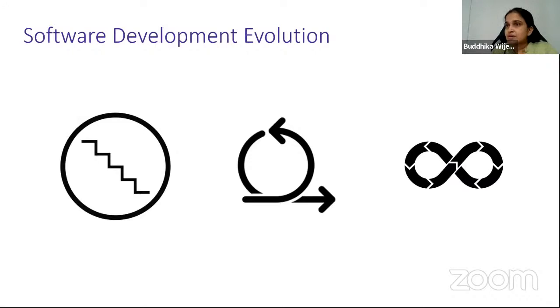Yeah. So starting off with software development evolution. We had the waterfall method some time back. Waterfall was kind of the popular development process we had. In the waterfall method, we had a sequential way of development.